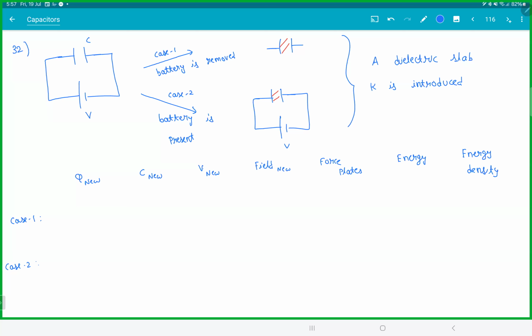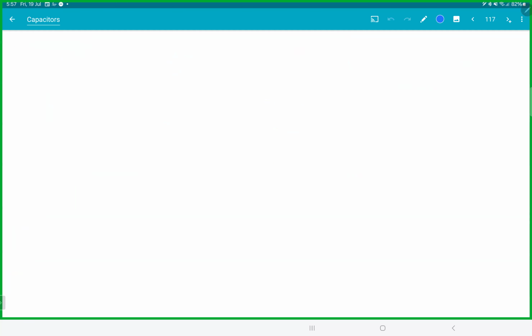Let's see. In the first case, charge remains constant. So this will remain Q equals CV.